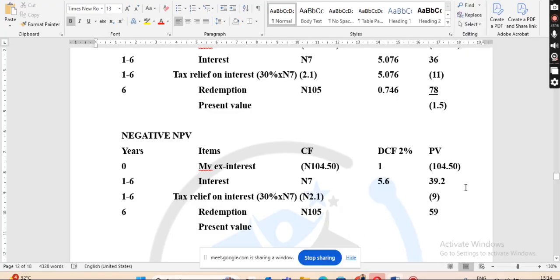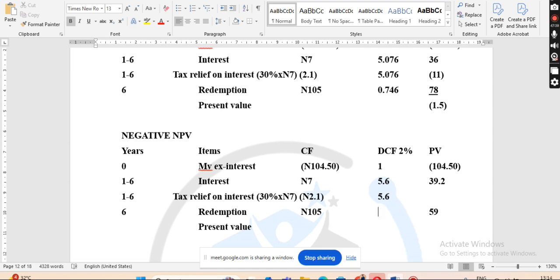Are we there? Yes, sir. So year 1 to 6, you get your annuity. We already have your annuity. This one is still 5.6 since it's still the same. So what do we have, class?